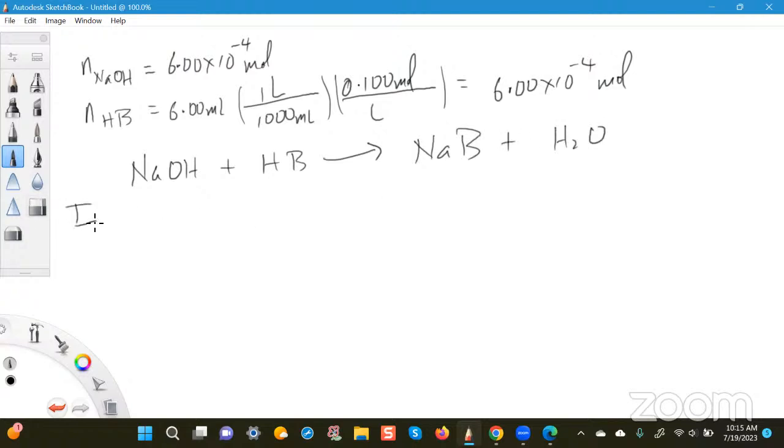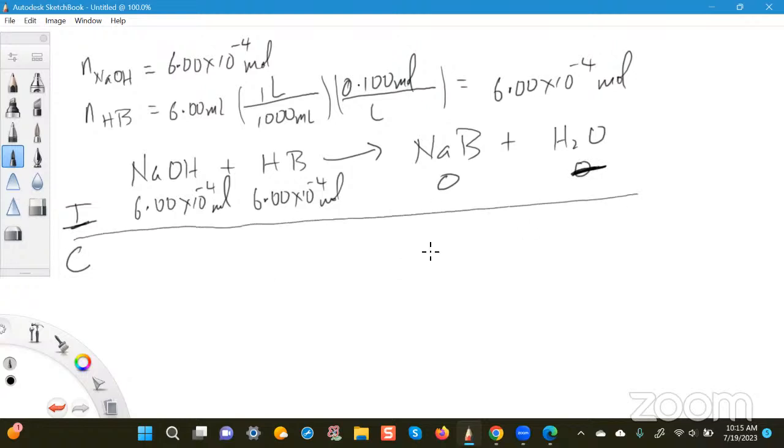So initially, we're going to have 6.00 times 10 to the minus 4 moles of the sodium hydroxide. We're going to have 6.00 times 10 to the minus 4 moles of the acid. We're going to have none of this and none of this, all right? So my question to you is, what do you think the respective changes are going to be? In fact, we need to ignore the water here. So what do you think will be in the next line for the changes? Anybody?